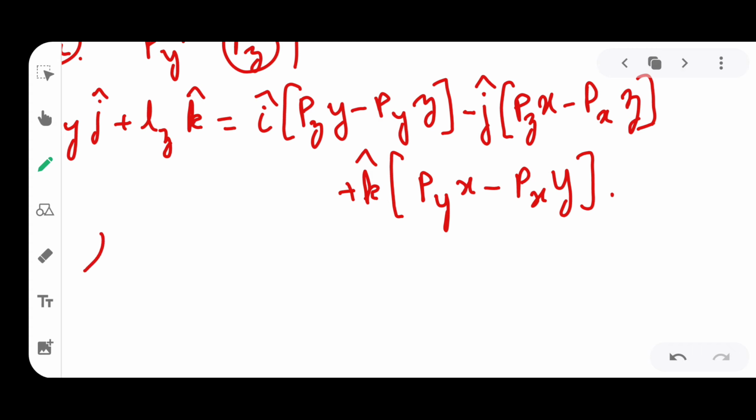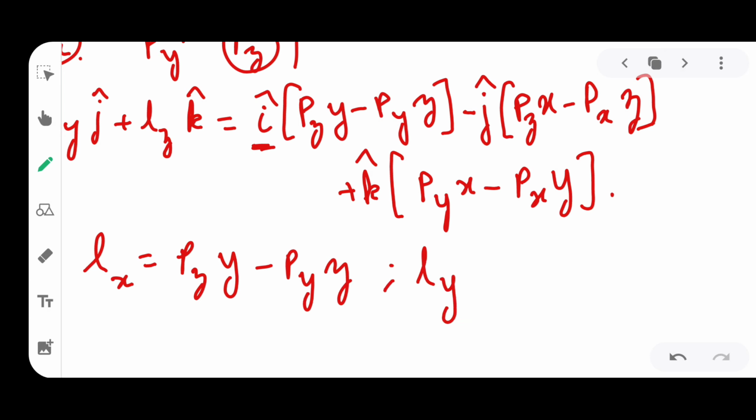Now these three together are the angular momentum vector, so we will write down the components. Lx is equal to the component of i cap, that is pz into y minus py into z. And Ly is the component of j. Since this is negative, we will bring the negative inside and make it positive, so the component becomes px into z minus pz into x.